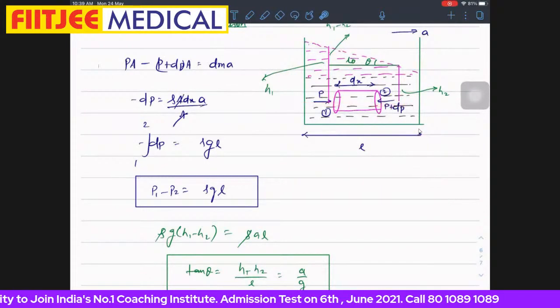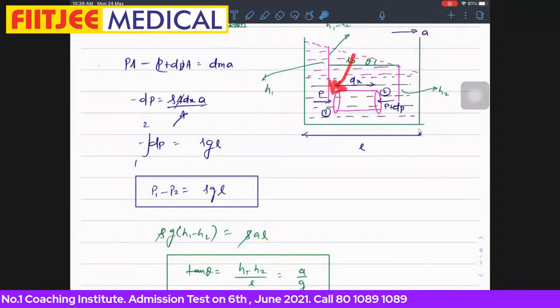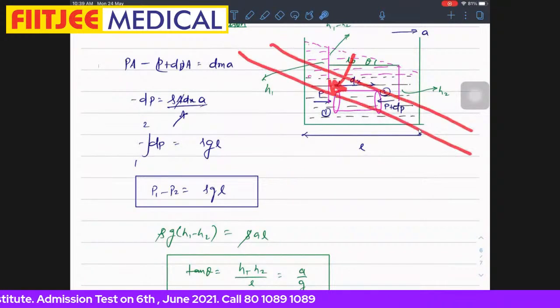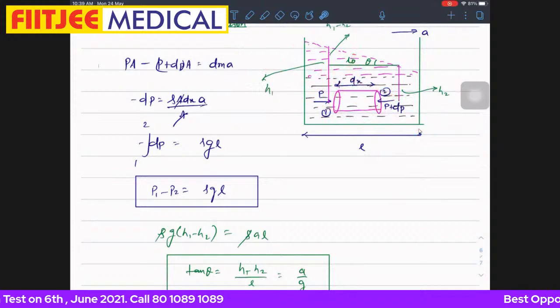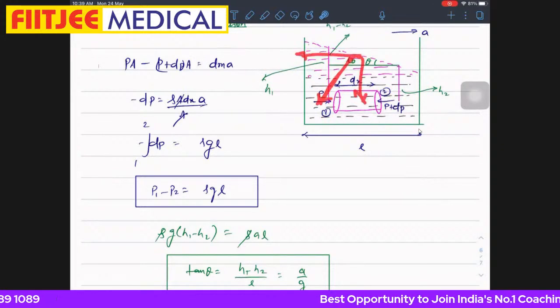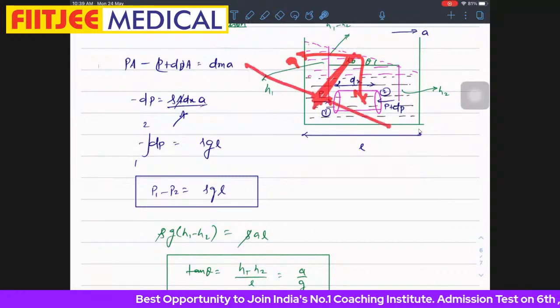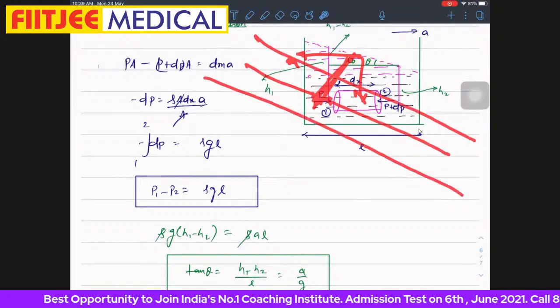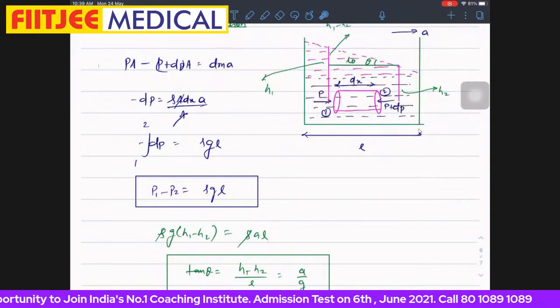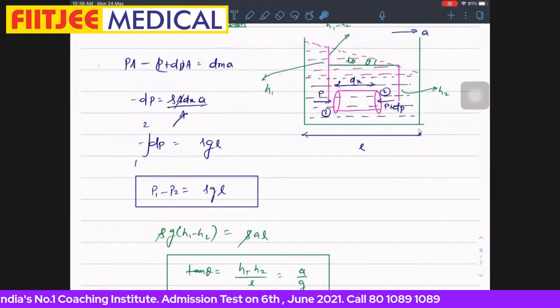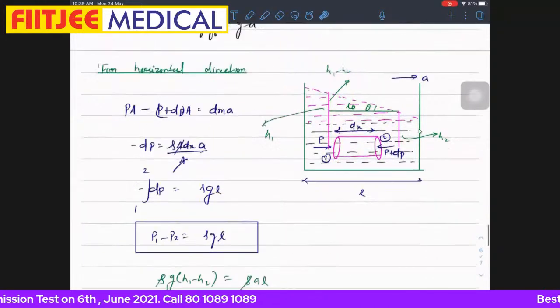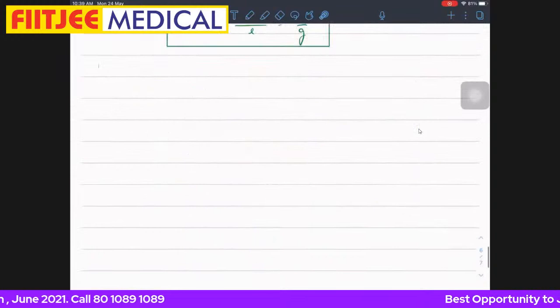So the basic idea is that normal to the acceleration, the pressure remains the same. So here the effective acceleration would be in this direction because G is here, A will be here, the pseudo force. So the net effective force is in this direction, so you have to draw the line parallel. Here the free surface will be inclined at a certain angle, and that inclination will be given by tan theta equals A by G.